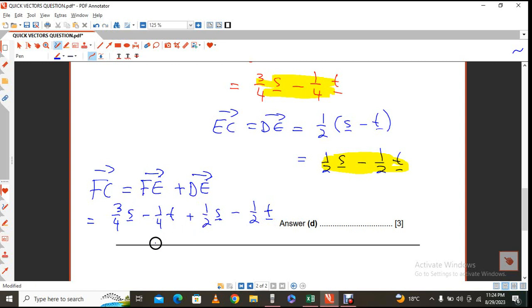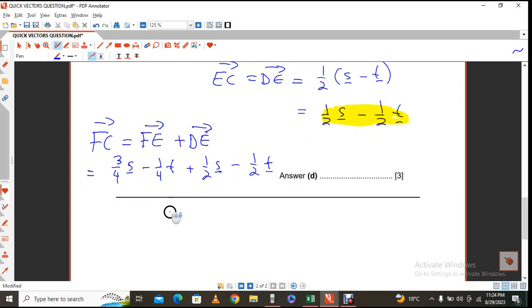From here it's simple algebra, collecting like terms. You have 3/4 of S plus 1/2 of S, and you have negative a quarter of T minus a half of T. The LCM here will be 4, so on top will be 5/4 S, minus, the LCM is also 4.